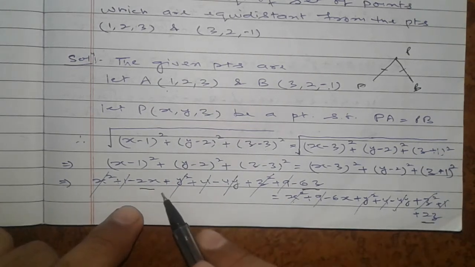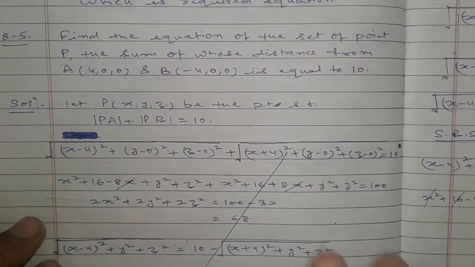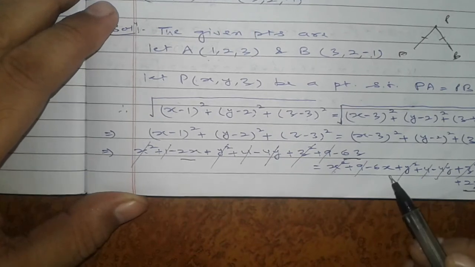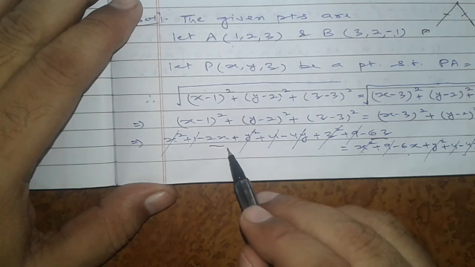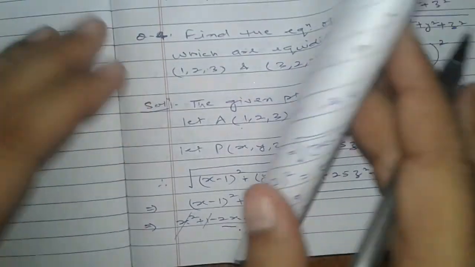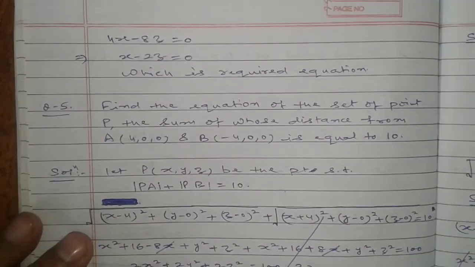So this will be minus 2x, minus 2x, minus 4x, and minus 4x, minus 6x, which here becomes plus 4x, minus 8z. 4x minus 8z is equal to 0 on calculation.